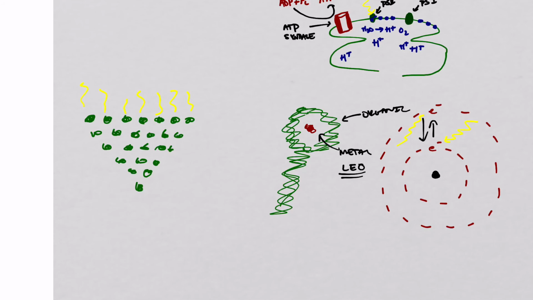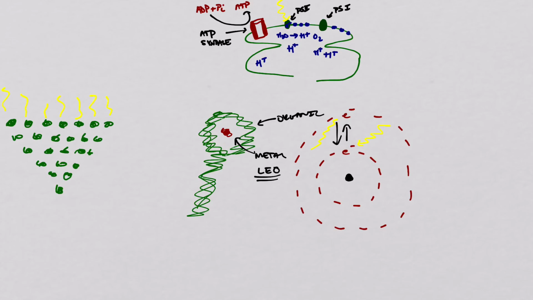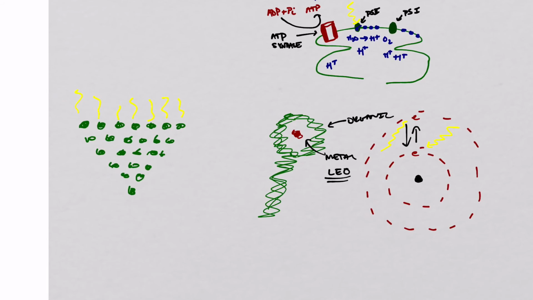These chlorophyll molecules are going to absorb that photon of light, the electron in the metal ion in the center is going to bump up an energy level, and then it's going to drop down an energy level and emit a photon of light. So that happens in this row: absorption, bump up an energy level, and then emission, bump down.